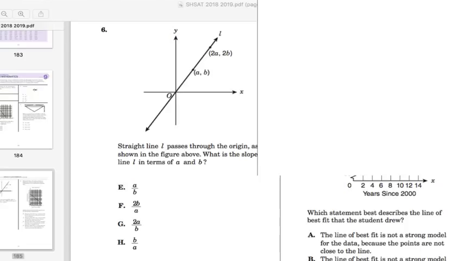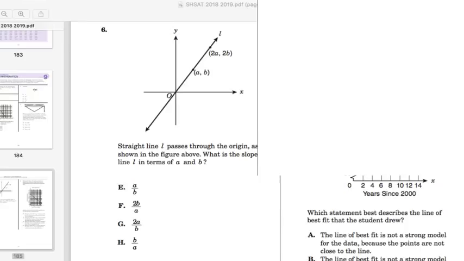To figure out the slope of something, the standard procedure is to do the rise over the run. In other words, the difference in the y's over the difference in the x's. Technically, it doesn't matter which order you do it in, but let's just go for simplicity purposes. The rise, the y coordinates, are 2b and b. The x coordinates, the run, are 2a and a.